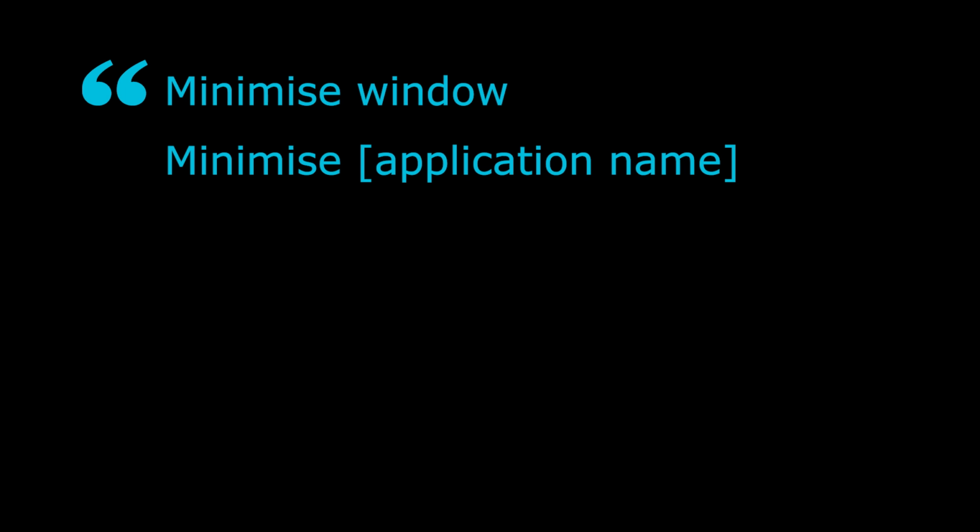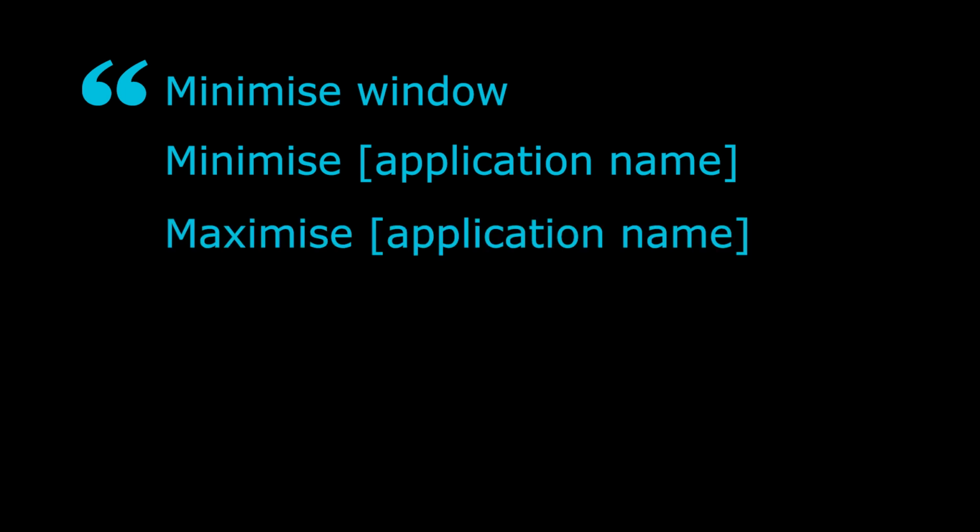For example, minimize Word. Maximizing windows works in the same way. If you need to restore a minimized window, say restore window, or restore followed by the application name. You can also say minimize all windows, which will minimize everything you have open and take you to your desktop.